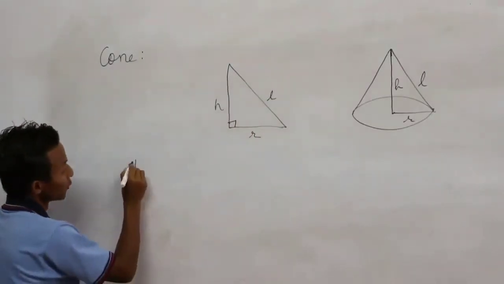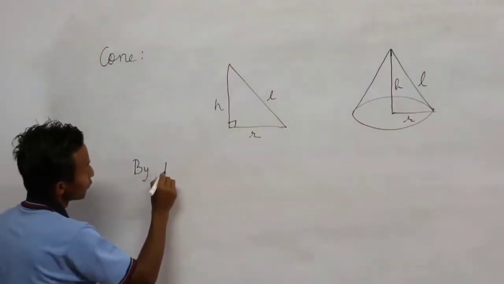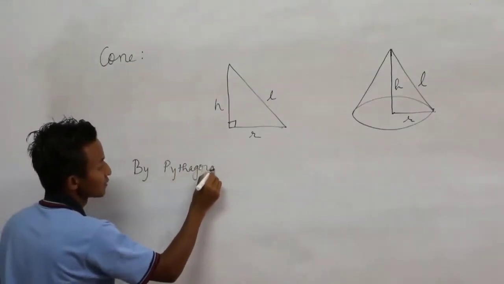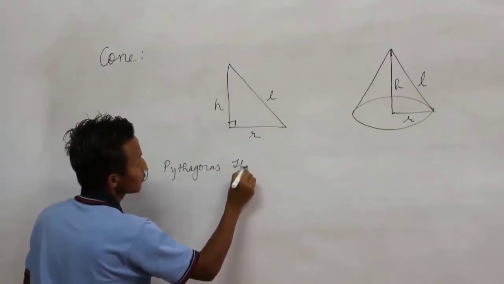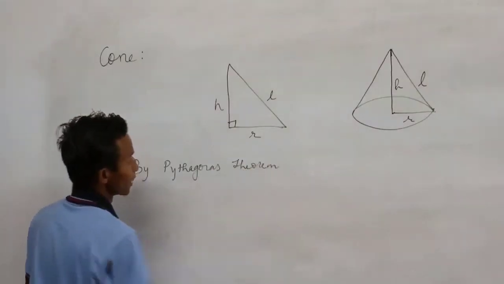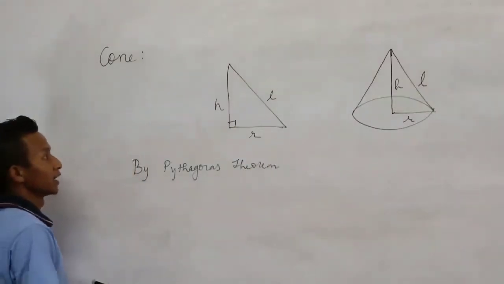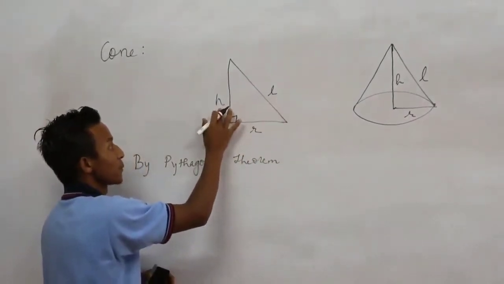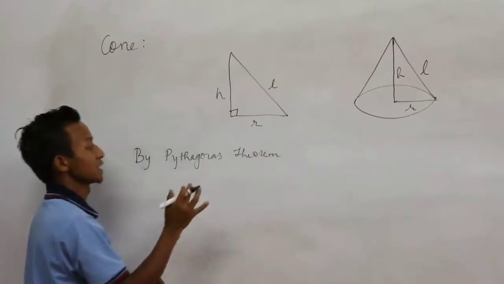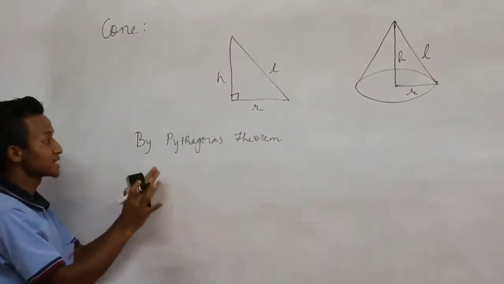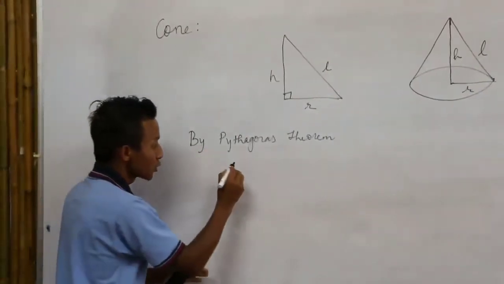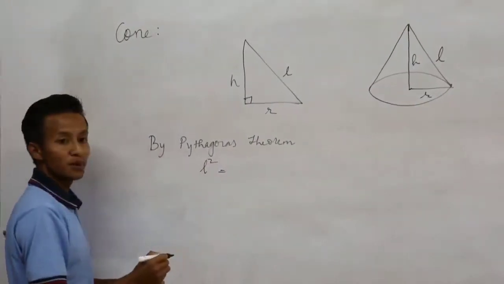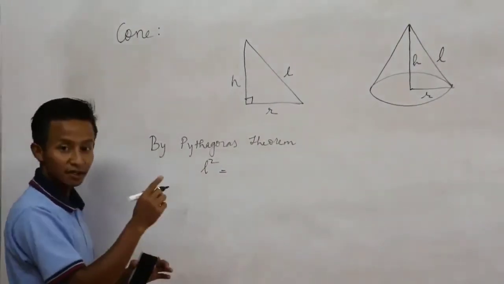So by Pythagoras theorem, we have this is the hypotenuse, this is perpendicular, and this is the base. And Pythagoras theorem states that the square of hypotenuse is equal to the sum of the square of the other two sides.